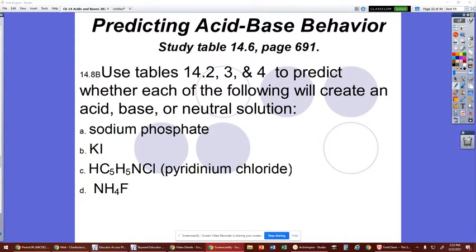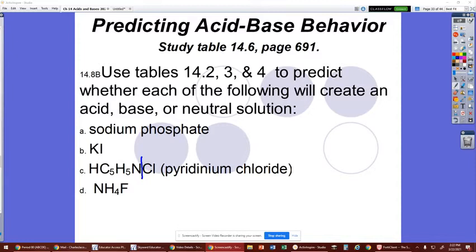All right, next one, pyridinium chloride. If you take a look at this one, it's kind of tricky to figure out where the ions separate, but it would be right there. If we separate that, the base that this thing must be coming from is probably going to be that thing with hydroxide, for example.